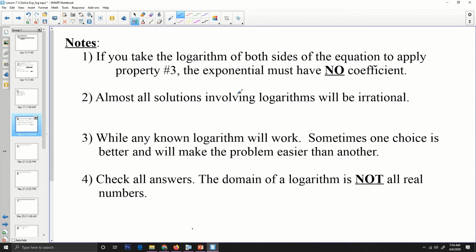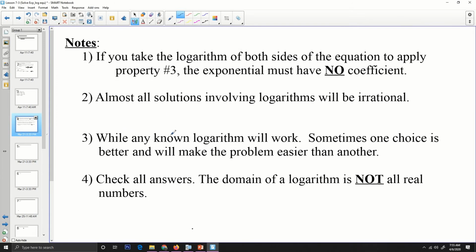Almost all solutions involving logarithms are going to be irrational, and I've done a lot of examples where you could actually get a whole number or a terminating decimal as a solution, but in most cases in the real world, that's not going to be the case.